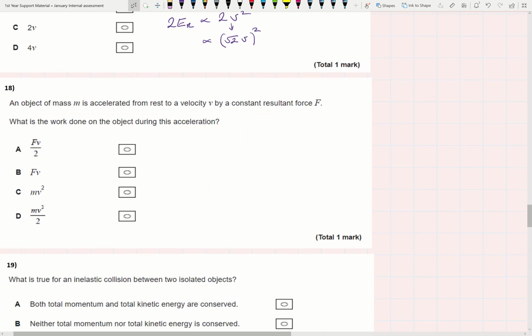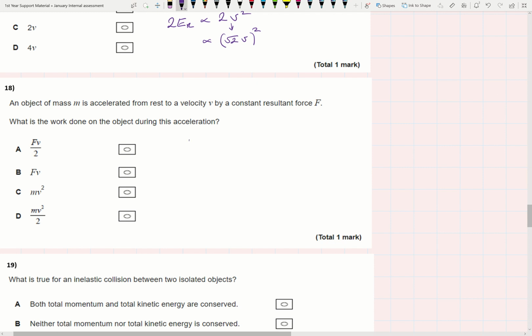18. An object of mass m is accelerated from rest to a velocity v by a constant resultant force F. What is the work done on the object during this acceleration? So if work done is force times distance, in fact, we can make this slightly easier.